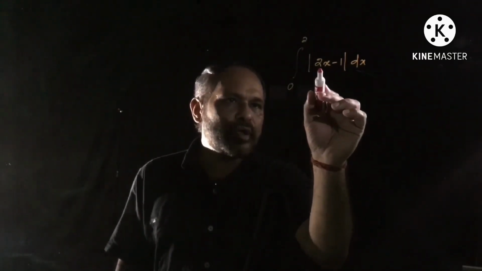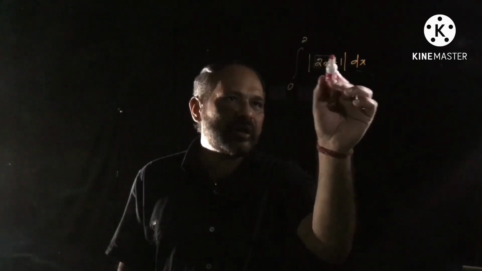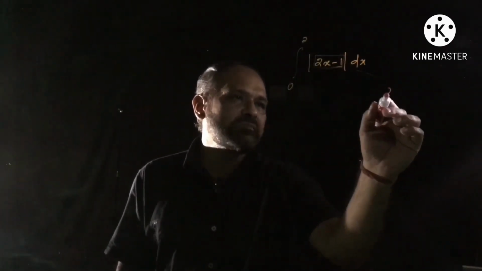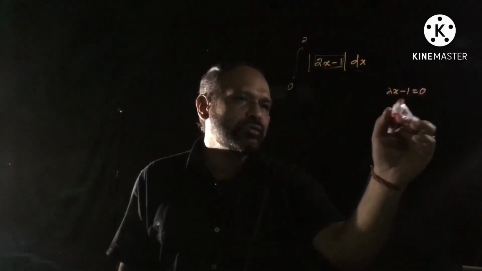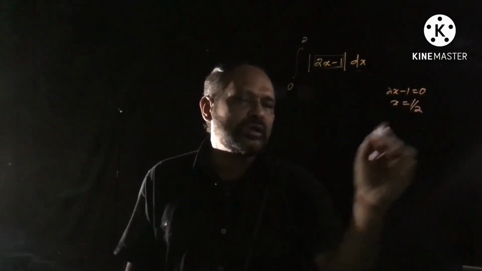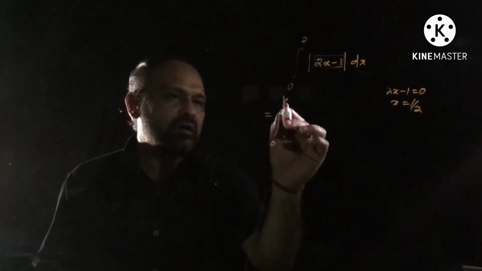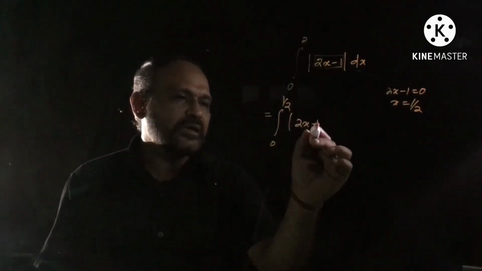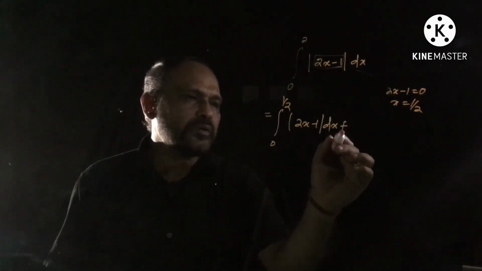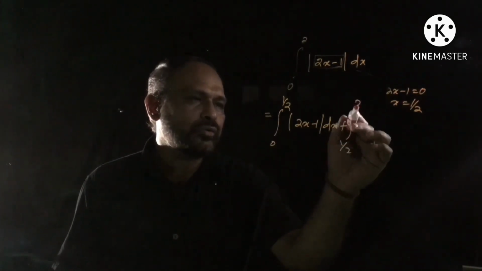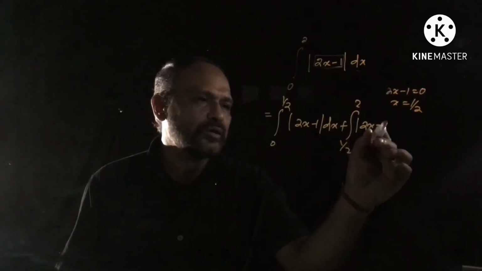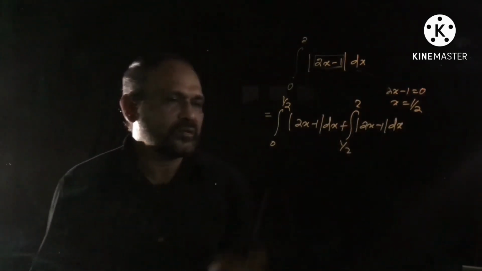For this we consider 2x minus 1 equal to 0. If 2x minus 1 is equal to 0, then x is equal to half. So we can write this integration as integral from 0 to half of mod of 2x minus 1 dx plus integral from half to 2 of mod 2x minus 1 dx.